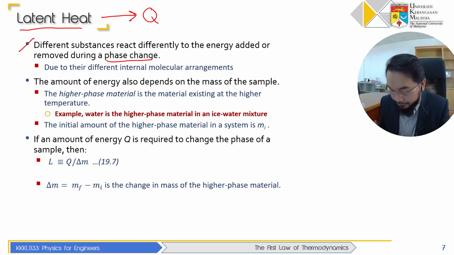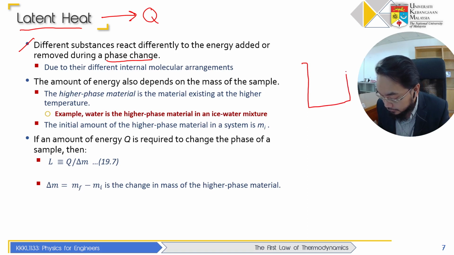So let's say you have a glass containing water and ice. You have one block of ice and one block of water. The initial mass of water is Mi.